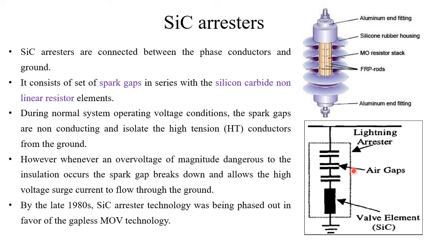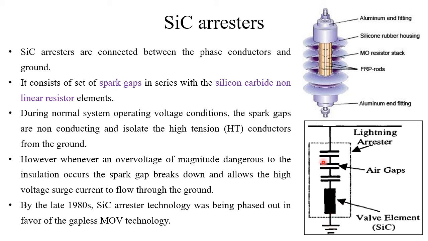There will be a spark gap, that is an air gap, in series with the silicon carbide, which is a non-linear resistor. During normal system operating conditions, the spark gap or the air gap acts as a high insulator. Therefore the current will not flow through this arrestor. However, when there is any over voltage, the spark gap breaks down, or conducts, allowing current to flow to the ground.